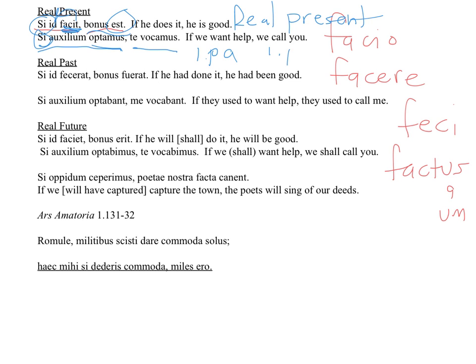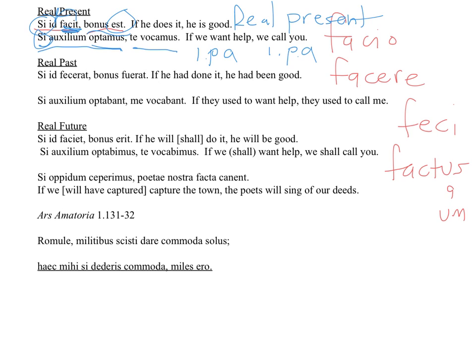Vocamus is in the indicative present active. The verb in the protasis is the present tense. The verb in the apodosis is the present tense. When you have a present tense in the indicative mood followed by a present tense in the indicative mood, you call that a real present condition. And you translate it as, if we want help, we call you. Couldn't be any simpler, and yet students generally have a lot of trouble with this.